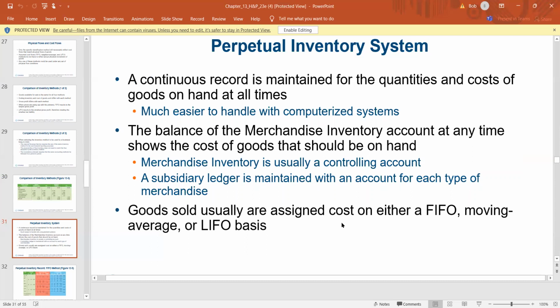When we say control account, we're talking about an account from the general ledger. Accounts receivable is a control account, and the subsidiary was the schedule, if you will, of accounts receivable. Here, we have merchandise inventory, and with a perpetual system, we have a report that says this $1 million in inventory consists of these 500 items, okay?